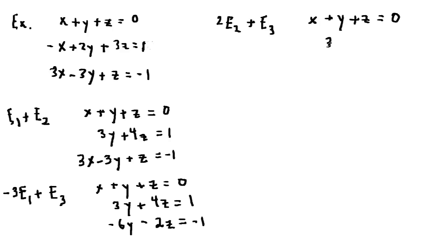The second equation stays the same. And then here we get 6y minus 6y, which is 0y. 8z minus 2z, which is 6z. And then 2 minus 1, which is 1.